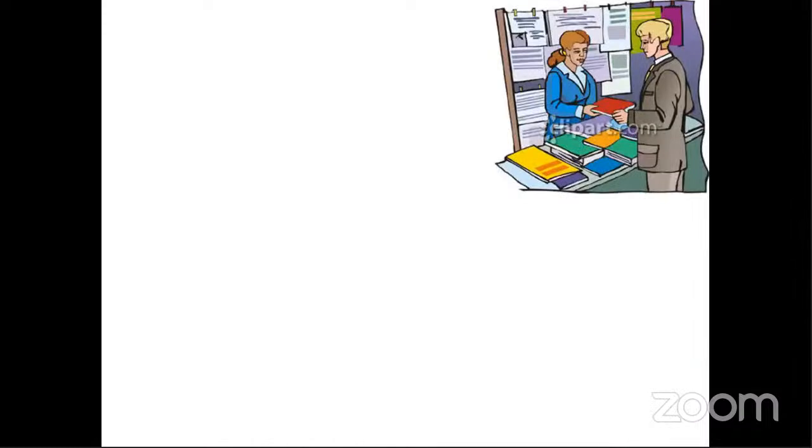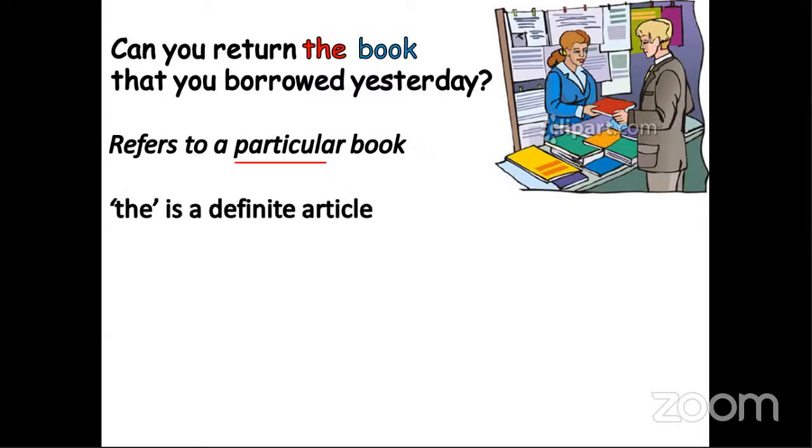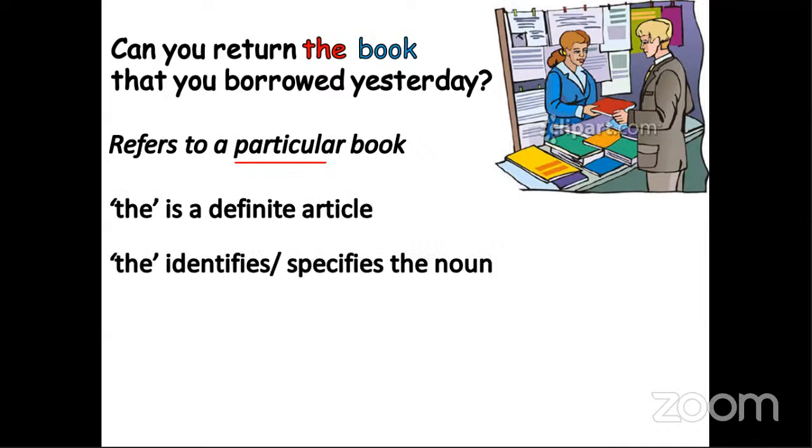If I say, can you return the book that you borrowed yesterday? Now, in this sentence, the refers to a particular book. We know that the is a definite article. This definite article identifies or specifies the noun book, and it exactly specifies which book.